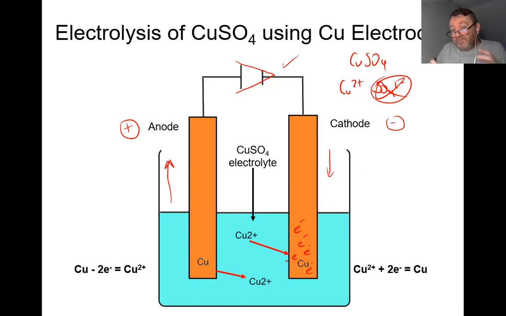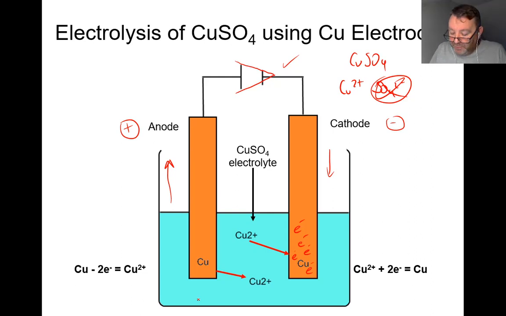So you see what's happening? You've got copper metal here becoming copper ions because 2 electrons have been taken away by the anode up towards the battery. You have the copper ions then going over to the cathode to reclaim 2 electrons to become copper metal. So therefore, over time, what we would notice here is that the anode would actually begin to wear away.